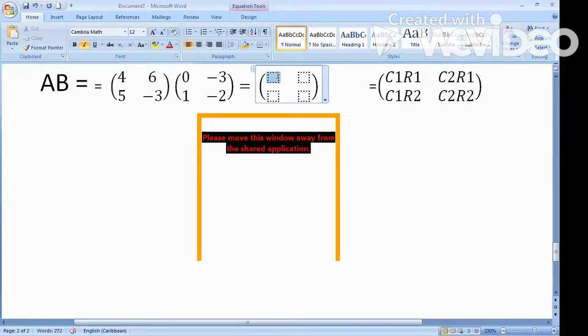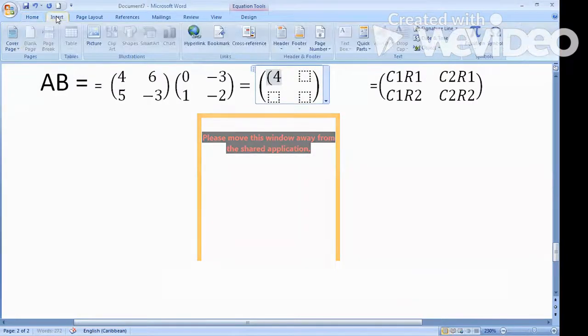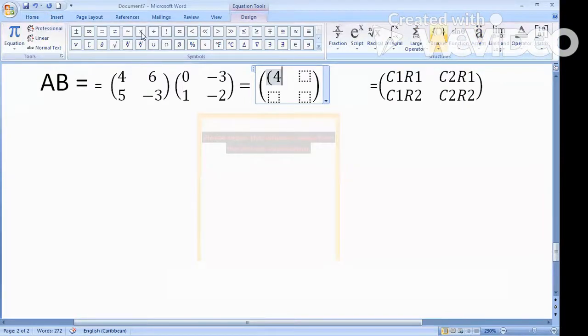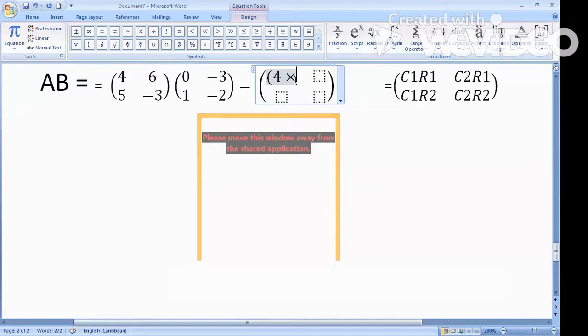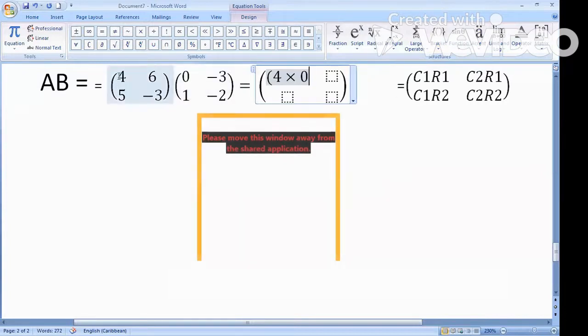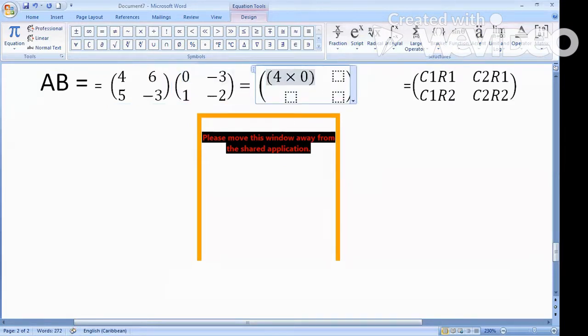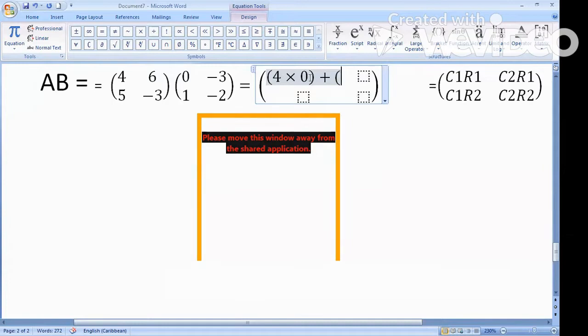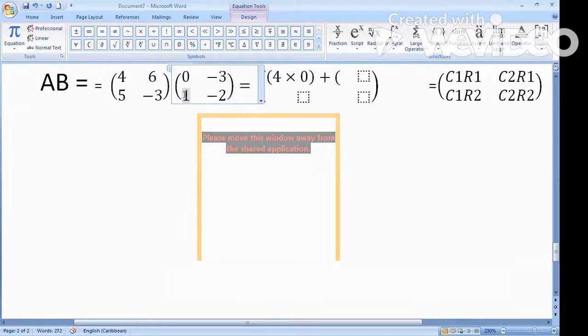So it's going to be 4 times 0. So it's this 4 times this 0, and then plus, yeah, it's a plus, 6 times 1, go down.